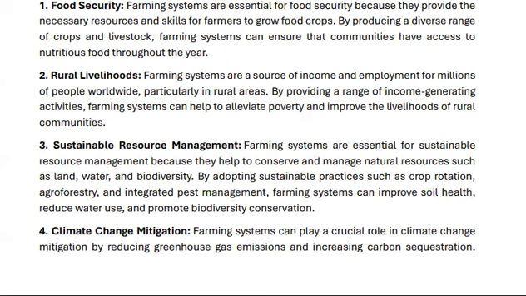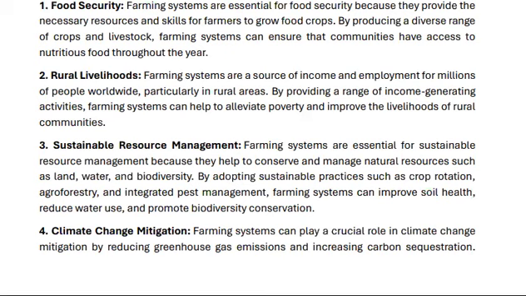Another importance of putting up a farming system is to have a sustainable resource management. So they help conserve and manage natural resources such as land, water, and biodiversity. Kasi nga, ang farming system ay ina-adapt ang mga sustainable practices or mga conservatory practices in production, gaya ng crop rotation, agroforestry, at integrated pest management, which is a holistic view in controlling pests and diseases.